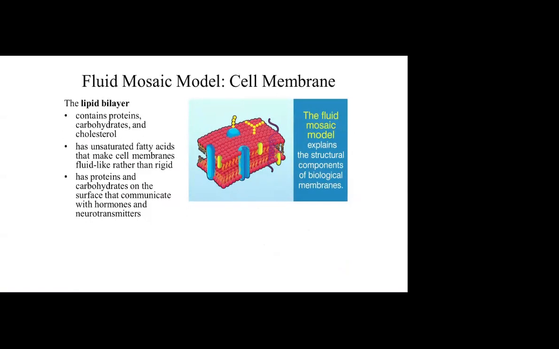Now, let's understand that the word mosaic refers specifically to the different components that we have in the cell membrane. The proteins, the carbohydrates, the cholesterol, the phospholipid bilayer, so on and so forth. Now, one of the important things is that cell membranes are not rigid structures, okay? They are more fluid, okay?